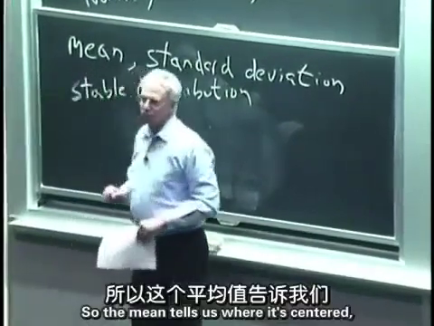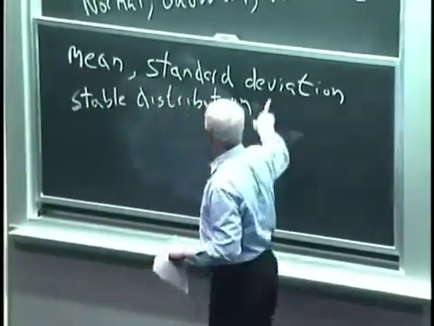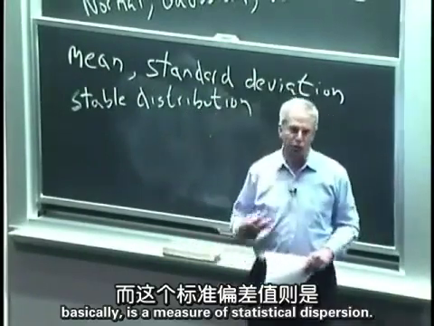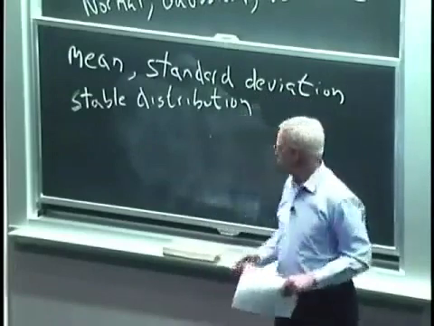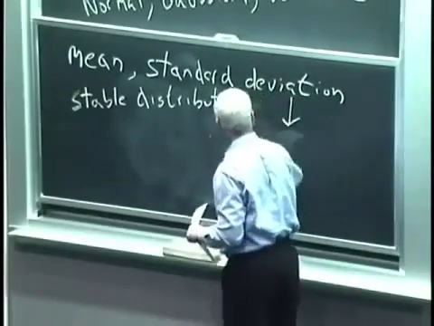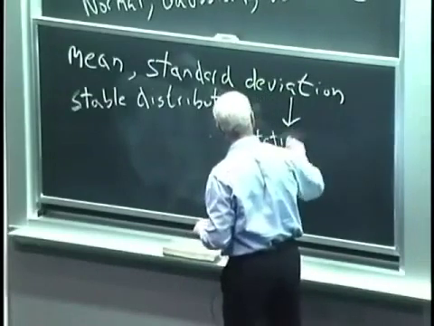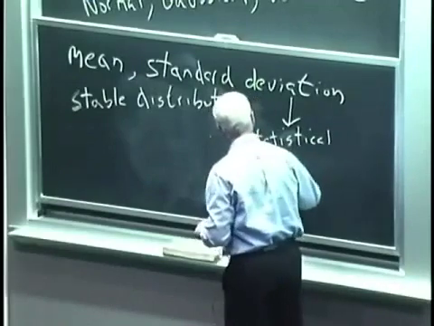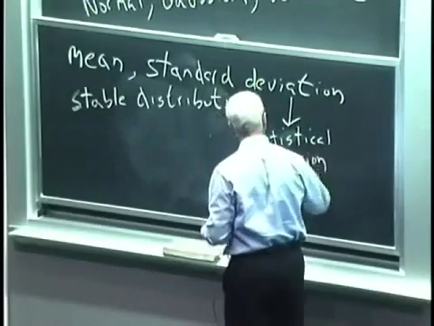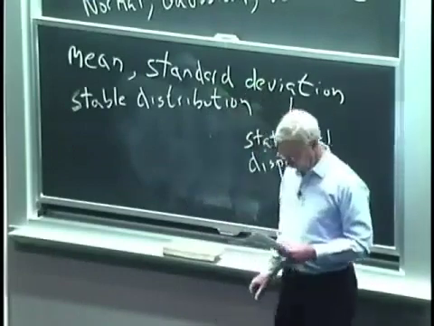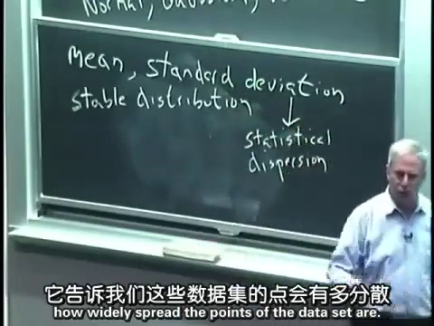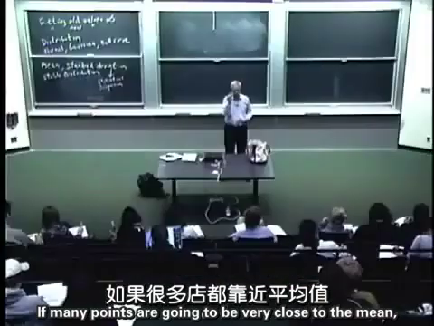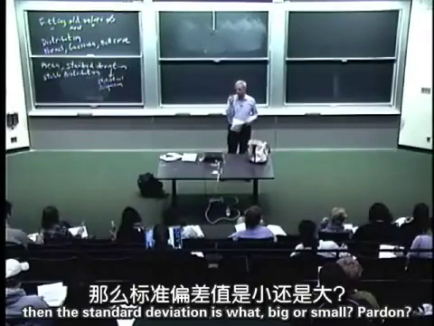So the mean tells us where it's centered, and the standard deviation basically is a measure of statistical dispersion. It tells us how widely spread the points of the data set are. If many points are going to be very close to the mean, then the standard deviation is what?